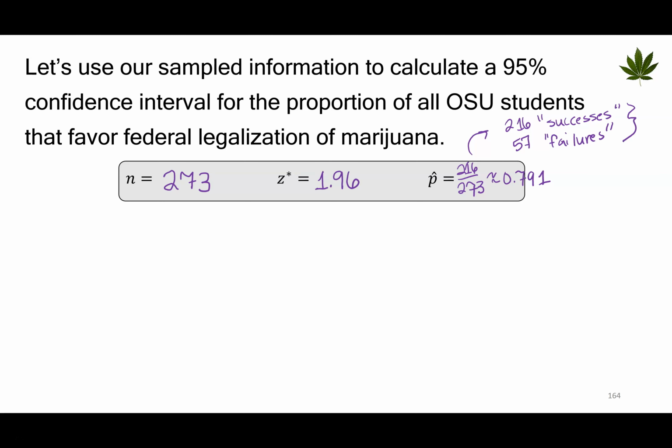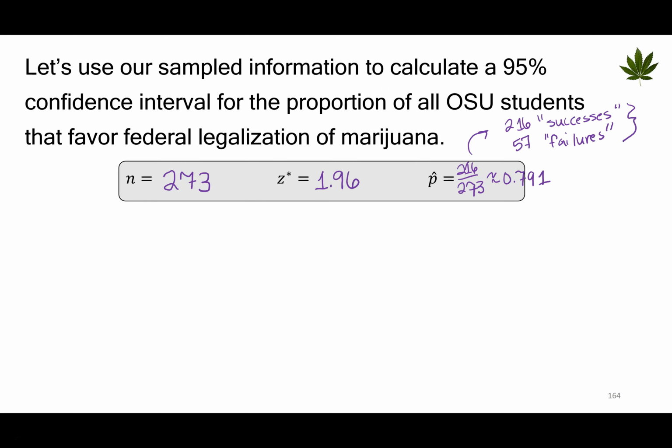So here, if I want to, it'll be p hat plus or minus z star times square root p hat 1 minus p hat over root n. So I now have everything I need to plug in here. So note, I actually left it as 216 over 273.